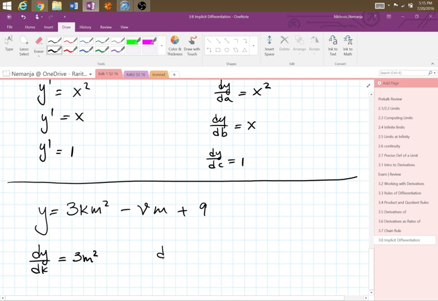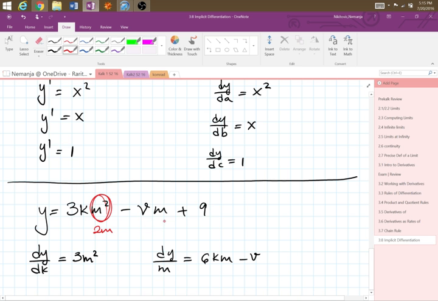Now, as the contrast, what is the derivative dy dm? Yes. 6km minus v. Very good. So now, since m is the variable, the derivative of that one is 2m. 2m times 3k is 6km.